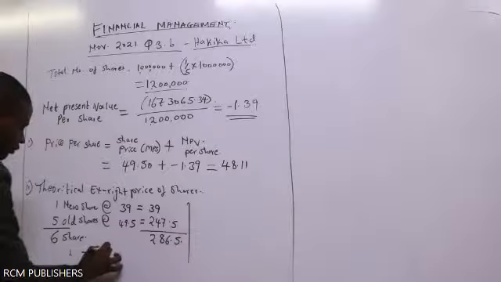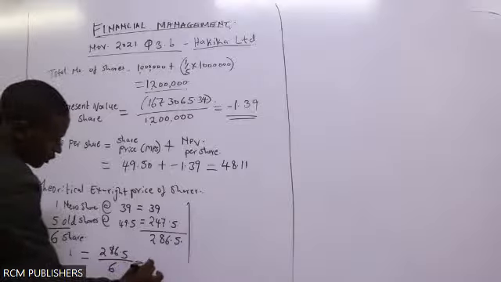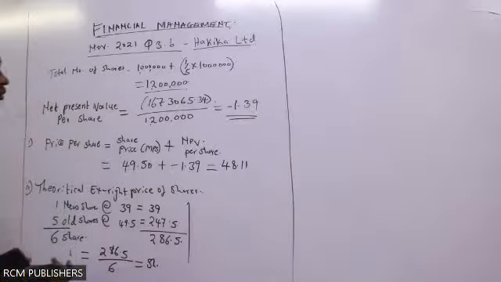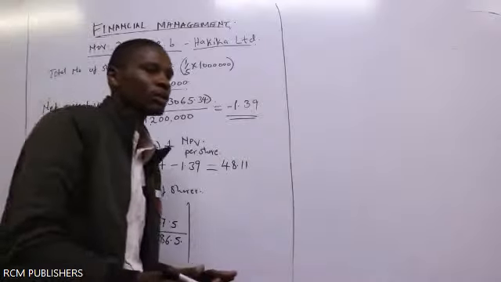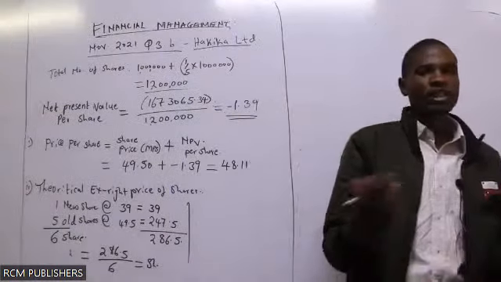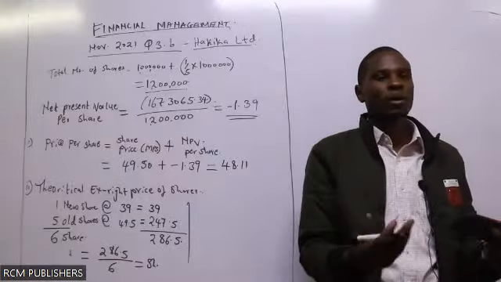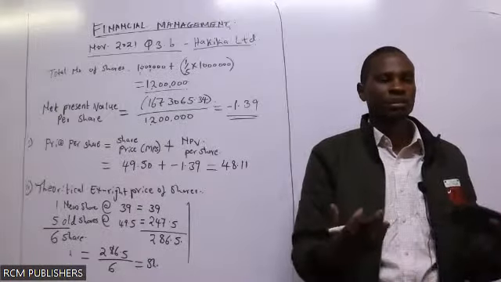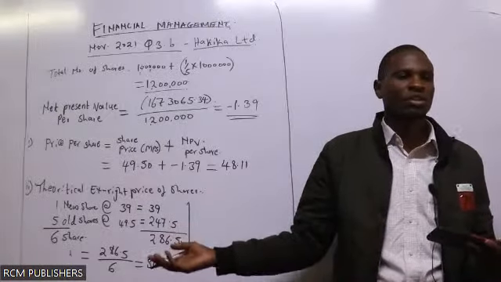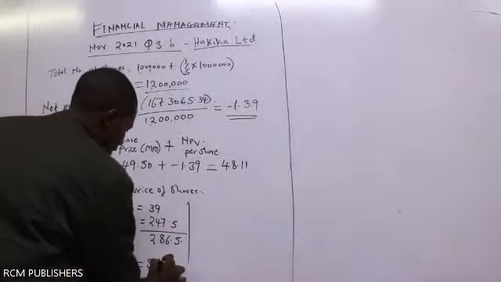The value per share will be 286.5 divided by 6. Anytime you find an examiner telling you one share for 5, get the theoretical. So you can see we have 47.75.